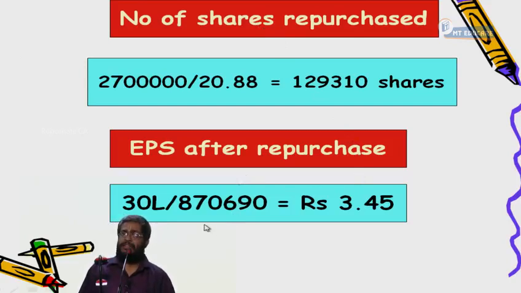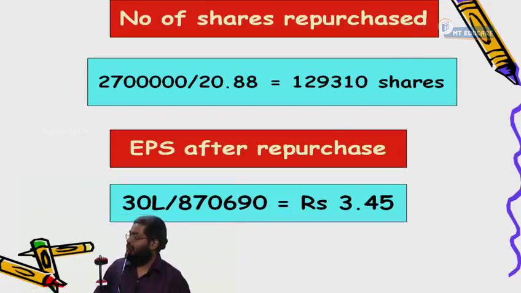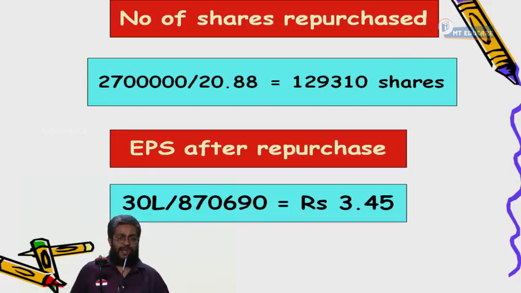How did I get 8,70,690? 10 lakhs minus the number of shares bought back. 30 lakhs divided by 8,70,690 is equal to rupees 3.45. Very simple. They managed to increase the EPS from 3 rupees to 3.45. So it's another advantage of buyback, increasing the EPS.